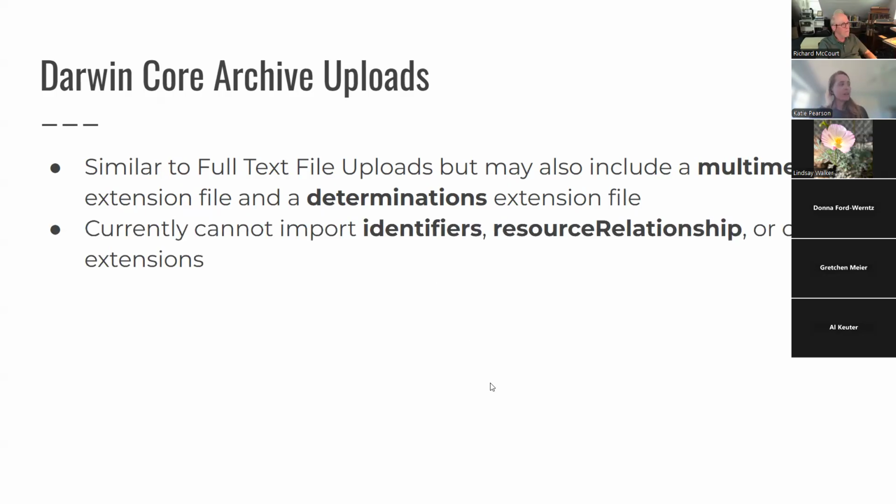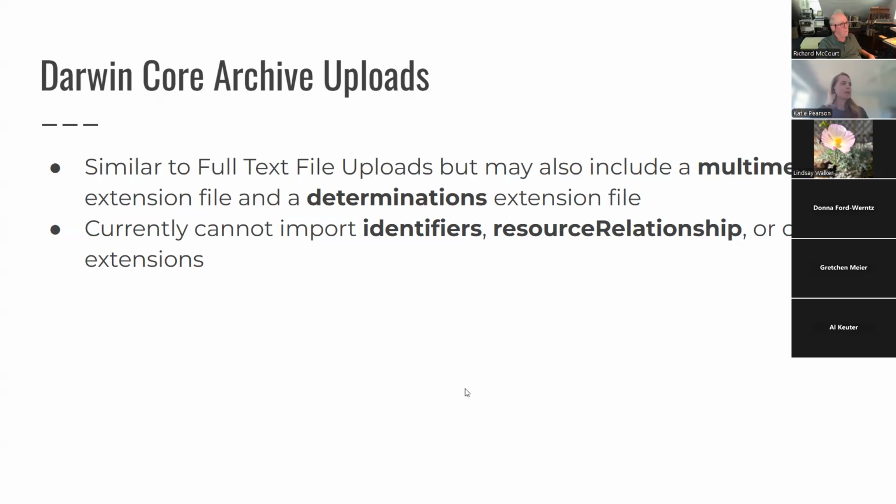It currently cannot import things like an identifiers extension, a resource relationship extension, or other Darwin Core extensions with additional data like traits and stuff. So unfortunately, that means that if you did a database download of your data and then tried to import it into another Symbiota portal, you might not get all the same relationships as you had in your originating portal.